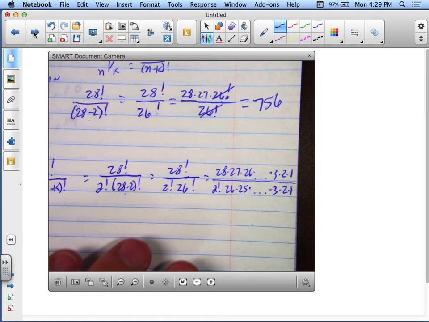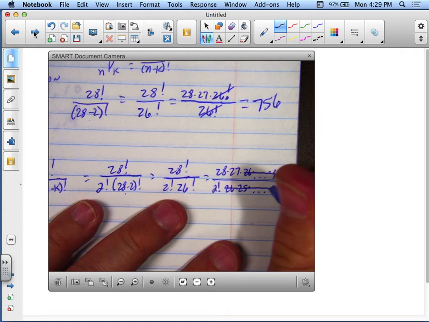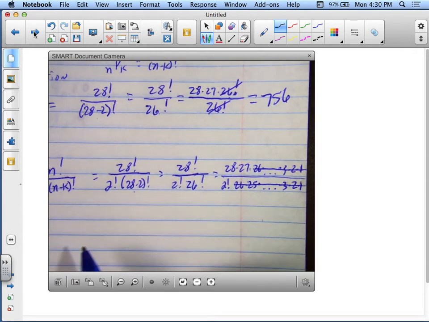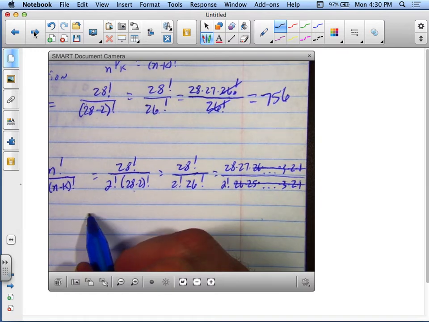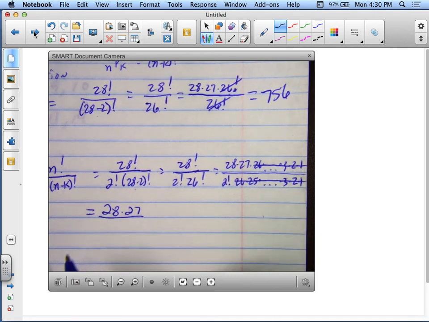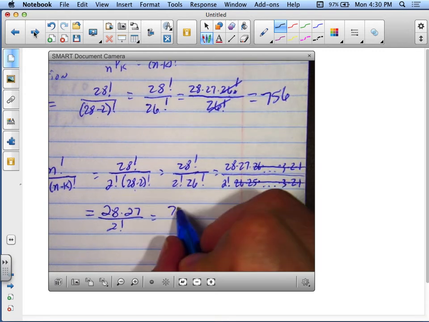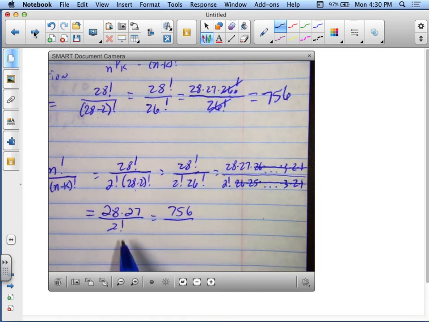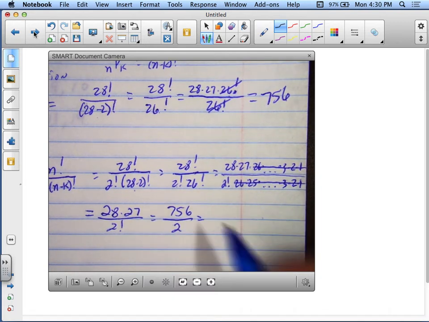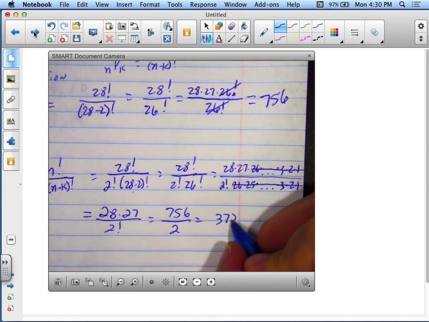Notice that these are the same, so I'm going to eliminate 26 through 1 because it's all multiplication. What I end up with is 28 times 27 over 2 factorial. Remember, 28 times 27 is 756, and 2 factorial is 2 times 1, which is just 2. So when I divide that by 2, I end up getting 378 possible choices.